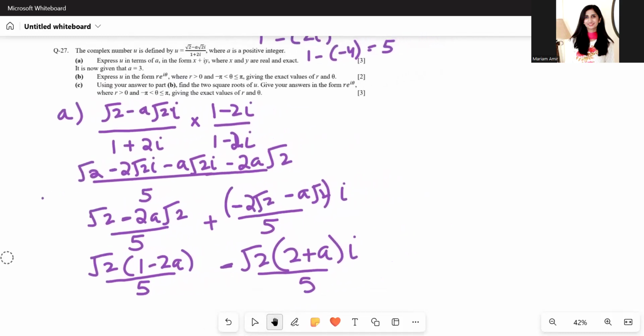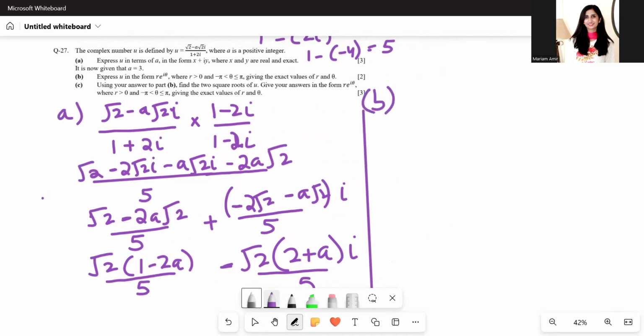Second part says part B, it is now given that a is equal to 3. So let's just first replace a with 3. So when a is equal to 3, then u becomes, this is also u. Replace the 2a with 6, so we get 1 minus 6, which is a negative 5.